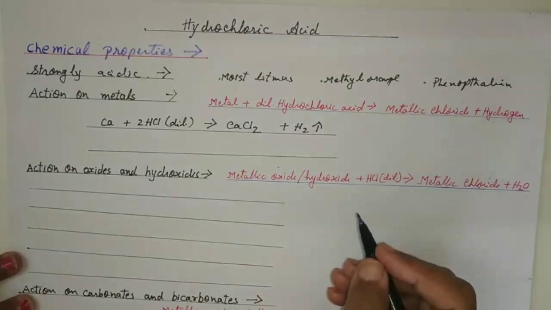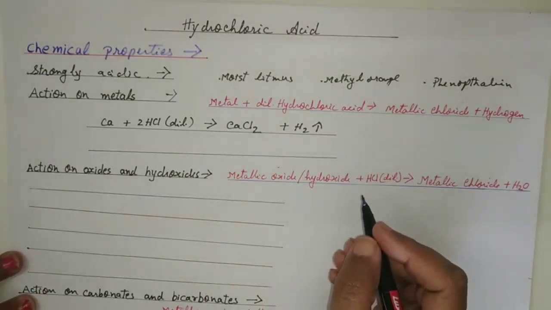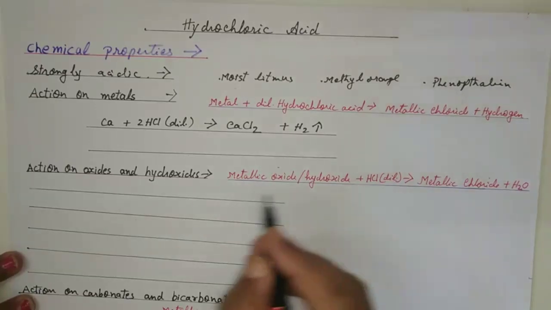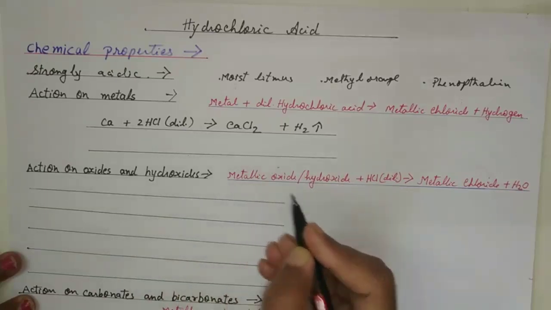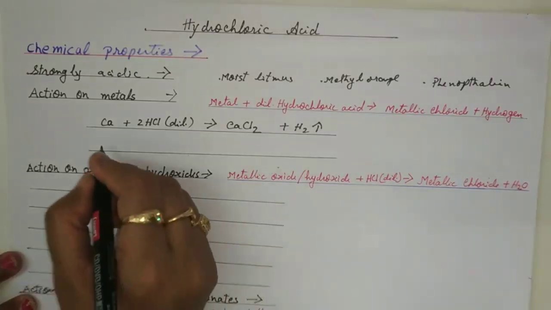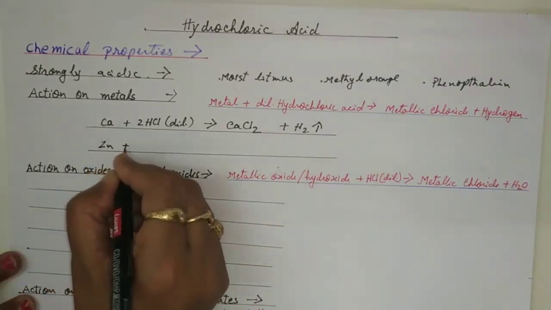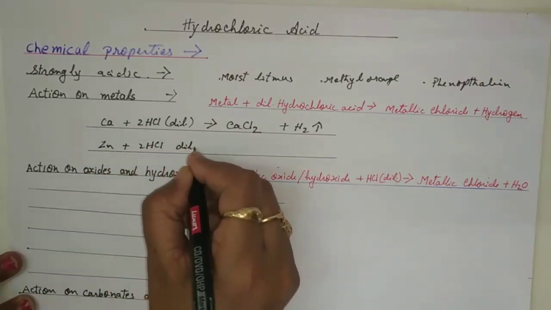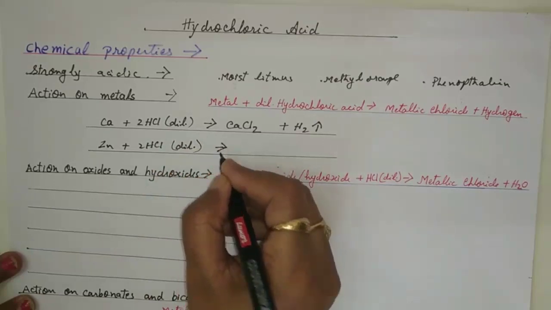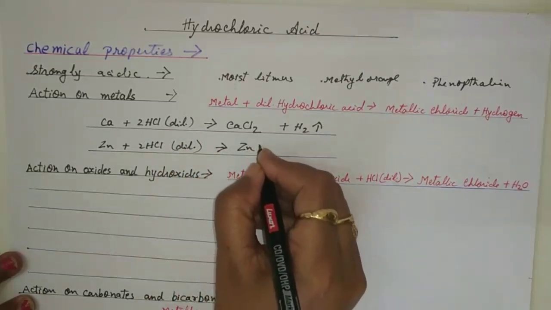Balance the equation. Please check the balance of the equation, which is very important, as I'm stressing on it on every video of mine. Next metal could be zinc plus HCl dilute is giving you salt, that is metal chloride.